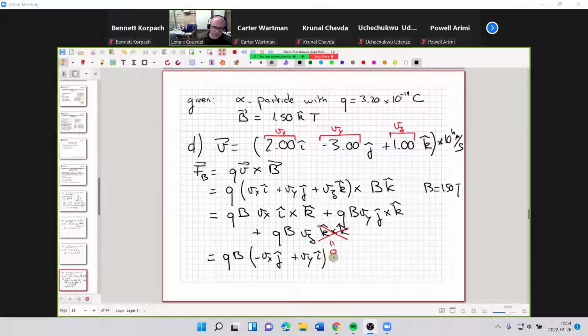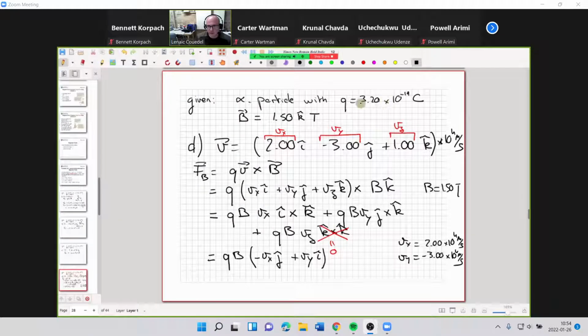So now I can replace by the values. Here you have Vx equal to 2.00 × 10^4 meter per second, and Vy equal to minus 3.00 × 10^4 meter per second.